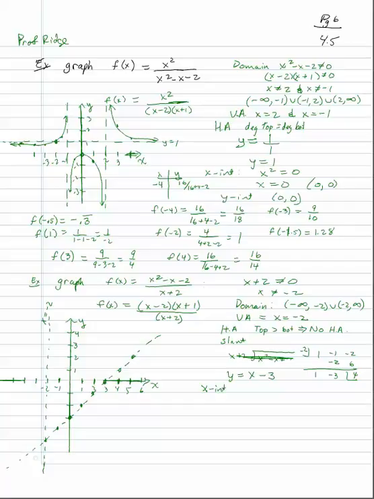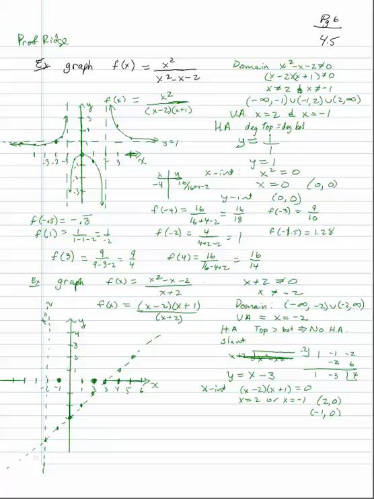That's where the top equals 0. Let's look at the factored form because that's easier. So x equals 2 or x equals -1. So that's 2, 0 right here, and -1, 0 right there.